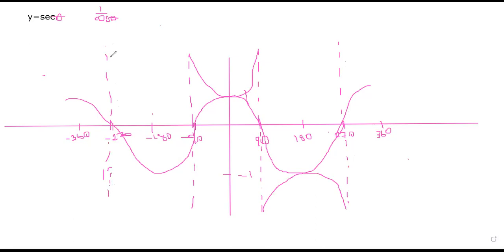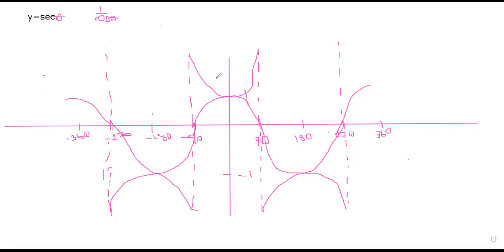This is how we draw the sec graph, and the major point is you have to erase the cos graph.